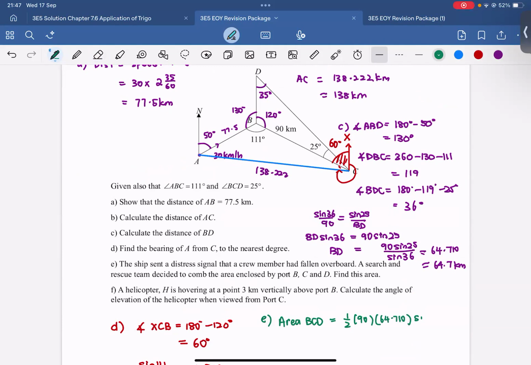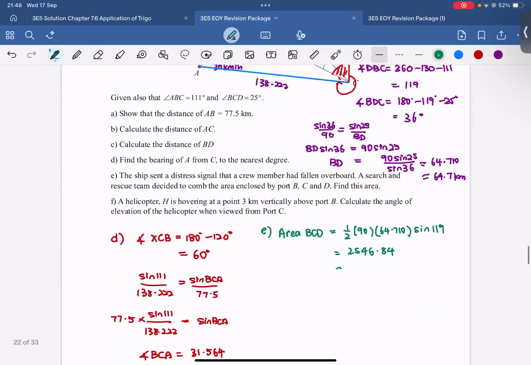Which angle should I use? 119. This is 119, not 120, sorry. That will give me 2546.84. Round off to 3 significant figure, I will get 2550 kilometre squared.